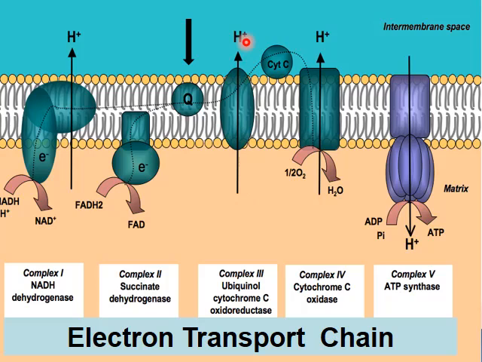Passing from complex 3 to complex 4 results in free energy, which is used to pump protons into the inner mitochondrial space. Passing from complex 4 to oxygen, forming water, also results in energy, which also pumps protons into the intermembrane space.